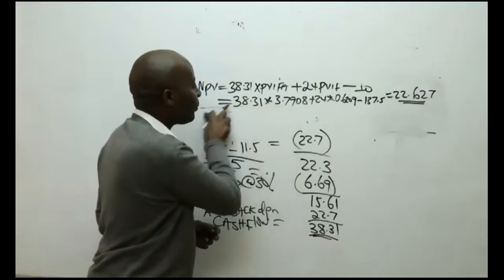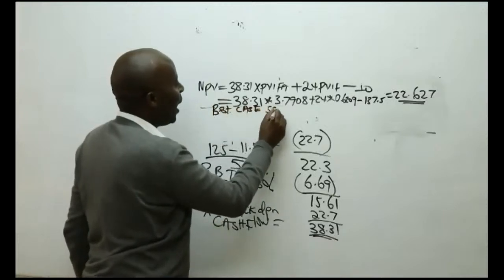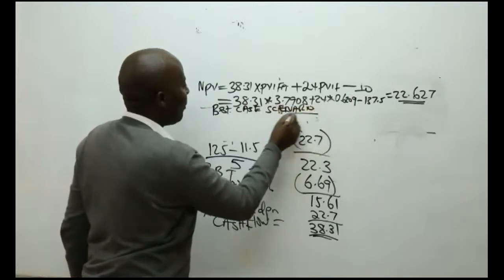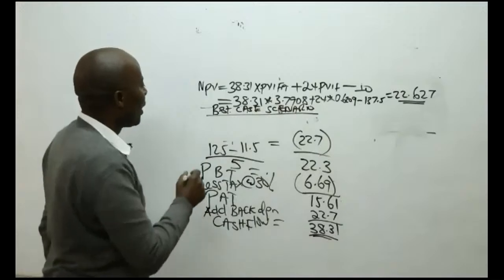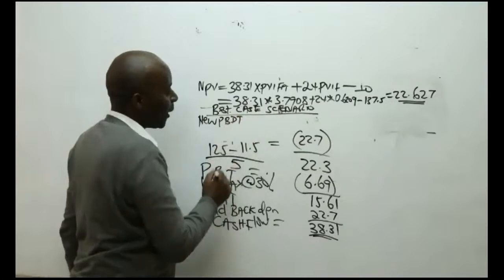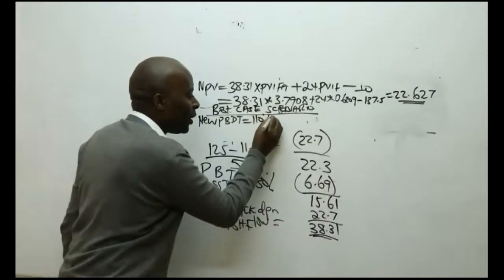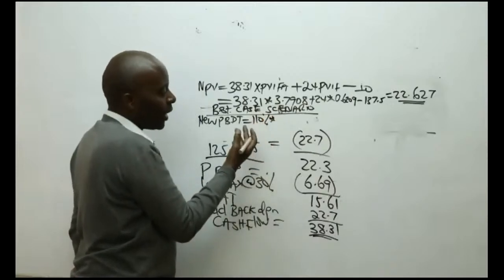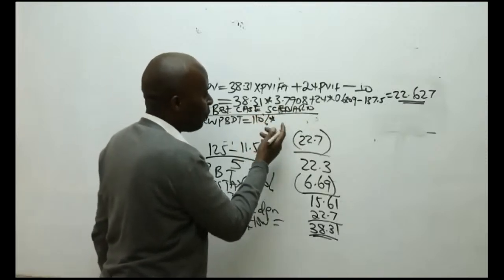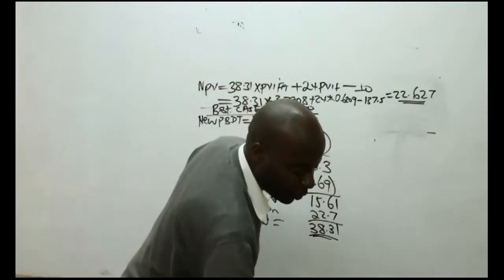And the best case scenario, I will begin with my new profit before depreciation and tax, which will be at 110% because of the best case. So 110% of the base, 110% of the original figure, which was 45.